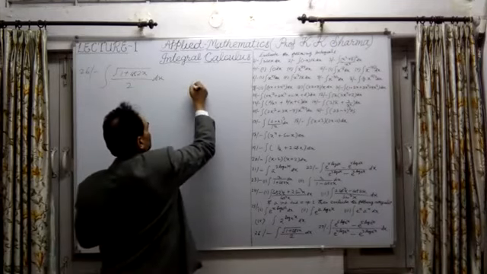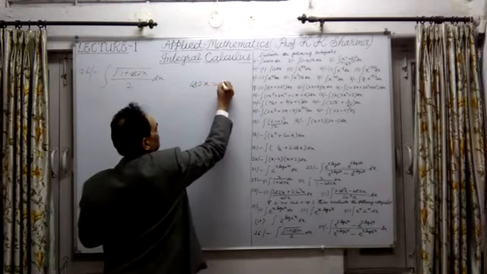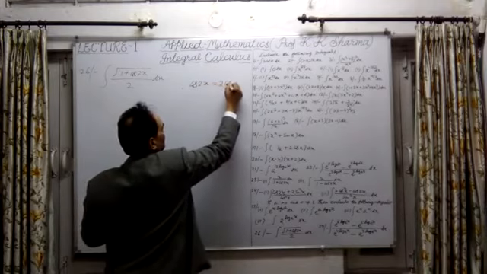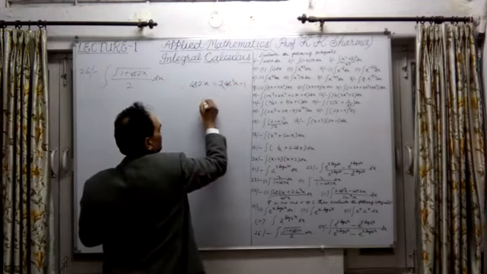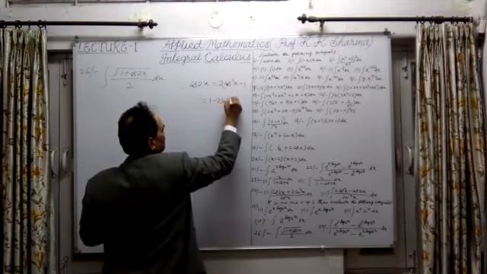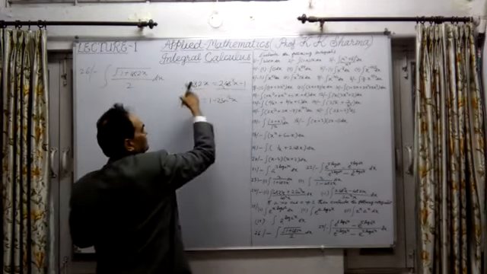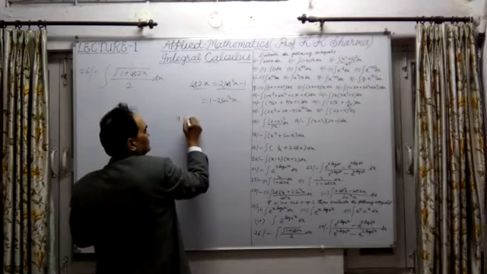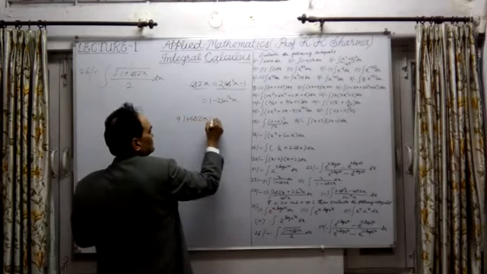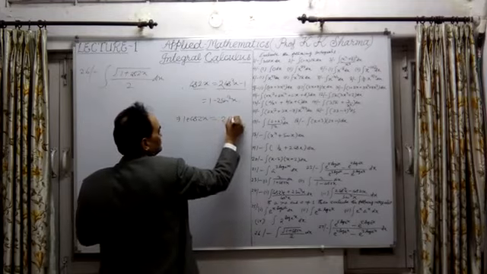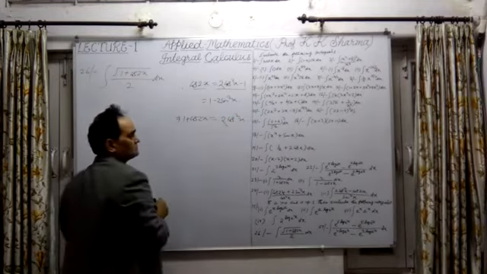Since cos 2x is equal to 2 cos square x minus 1, equal to 1 minus 2 sin square x. In this case, we have to use this form. This minus 1 can be taken to the side. This implies that 1 plus cos 2x is equal to 2 cos square x.